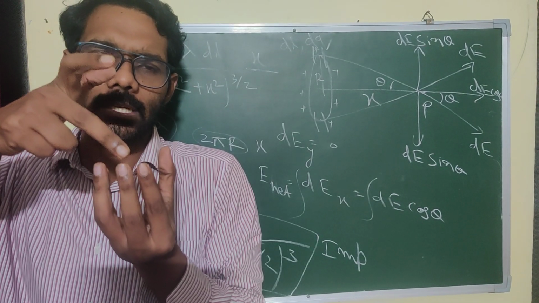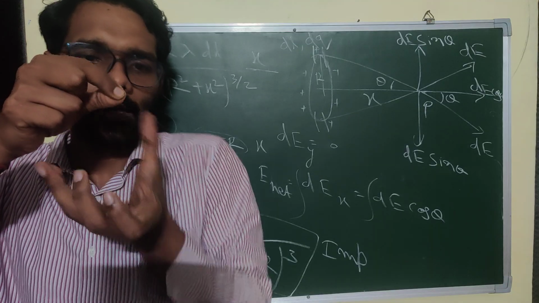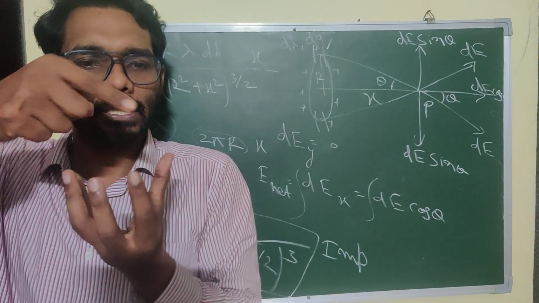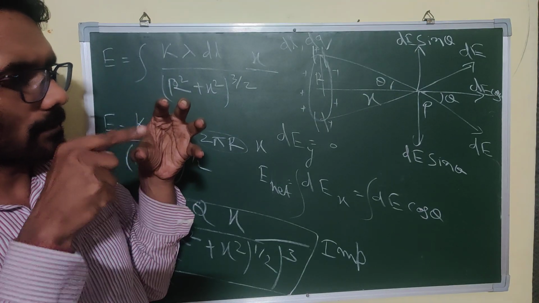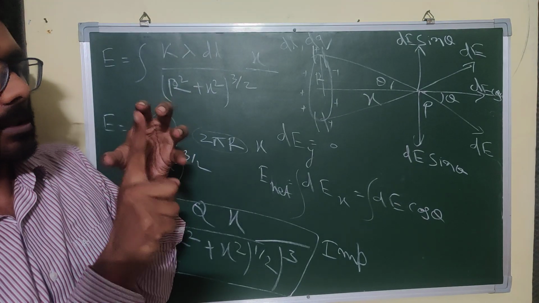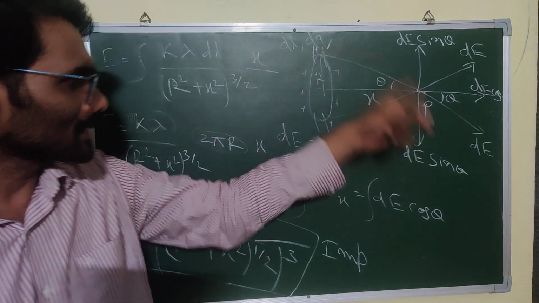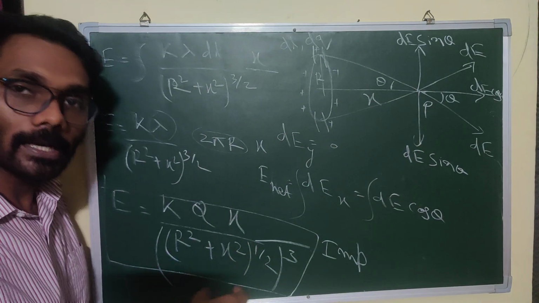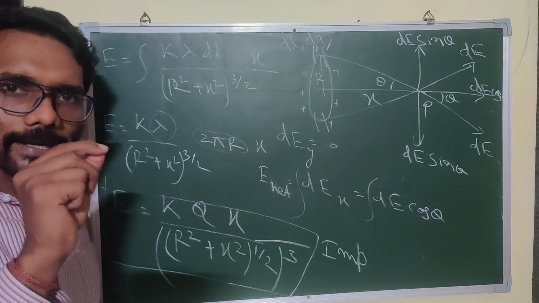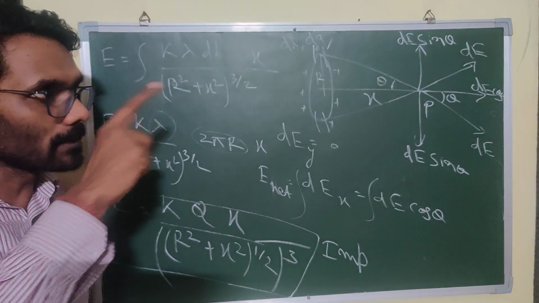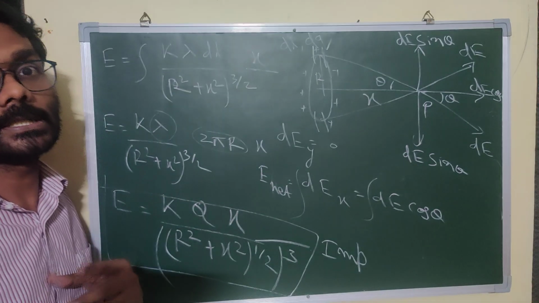So from each charged point to this P point, all distances are the same, because it is a loop. This is an important term. From each point to the P point, all distances are the same, right? So remember that term also.